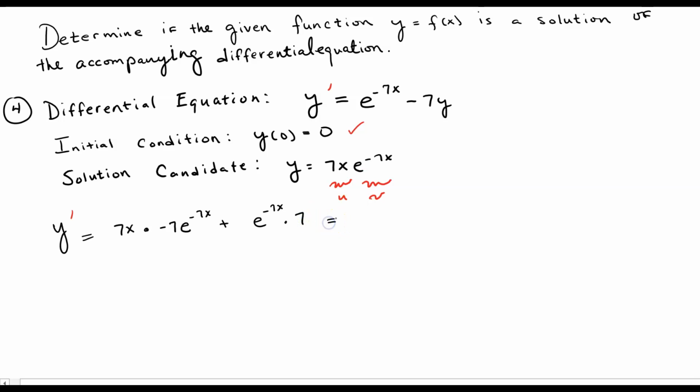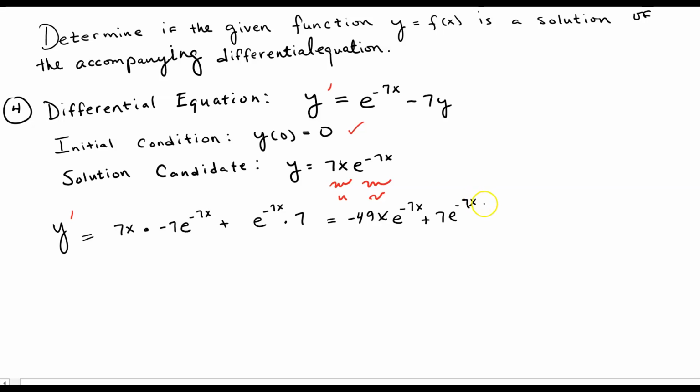When we combine all of this, we get negative 49 e to the negative 7x plus 7e to the negative 7x. And I made a little mistake there. It's negative 49x e to the negative 7x. There we go.